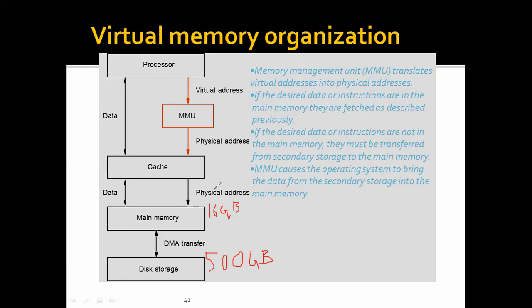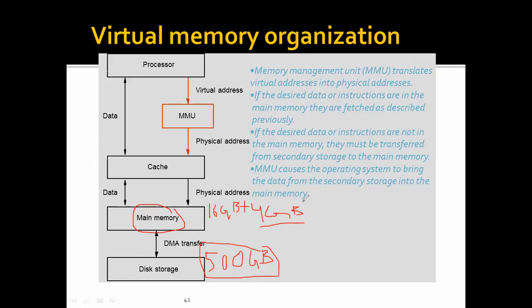We can add some more memory to this main memory. Which memory is added here? That memory is taken from the disk storage, the secondary storage. Out of this 500 GB, suppose we take 4 GB from the secondary storage. Actually, this 4 GB is not included in the main memory.